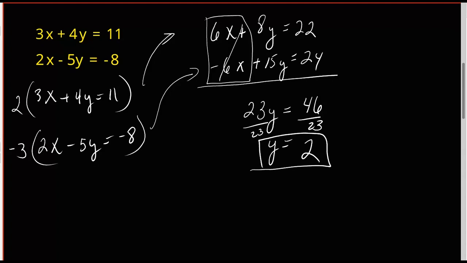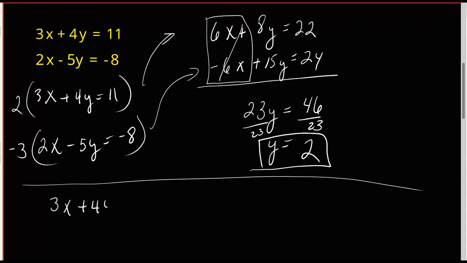Okay, I can plug this 2 into either equation, and I guess I'll take the top equation. So in the top equation, we have 3x plus 4y equals 11. So if I were to plug in y, I would have 3x plus 4 times 2, equals 11.